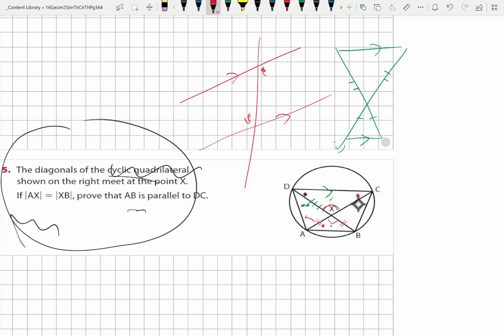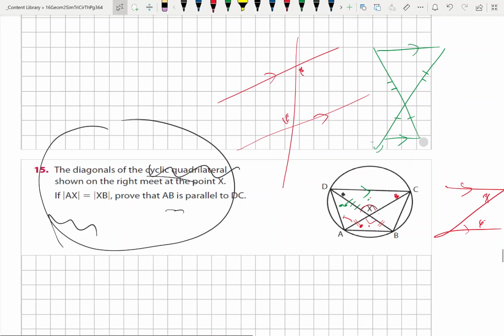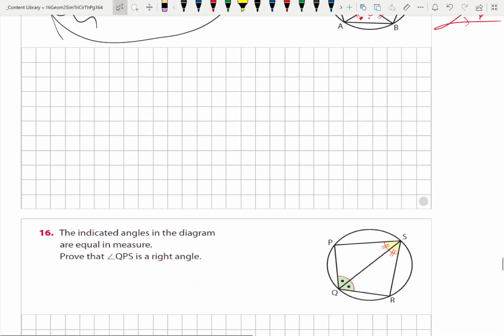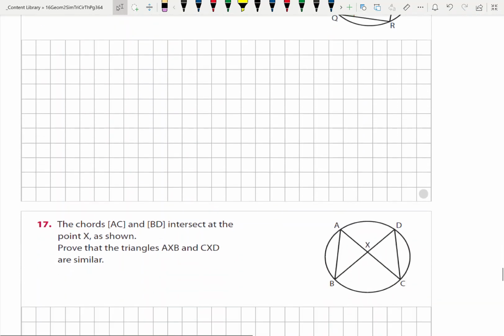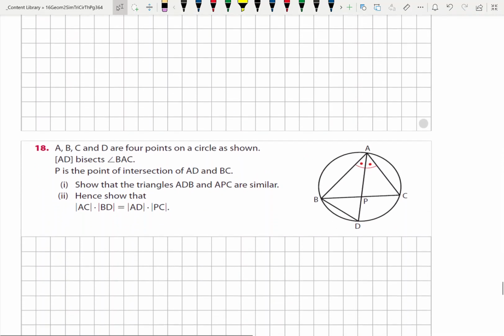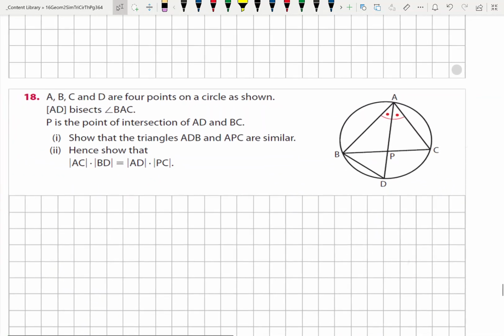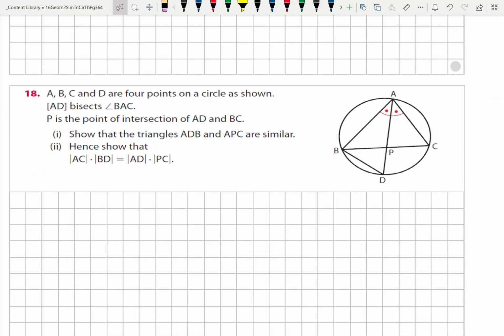Now we do 16, 17, 18. They're giving us a lot of extra information here by saying those 2 angles are equal. Better see what, hence show that, oh, this is the power of a point theorem, which I'll probably talk to you about now.